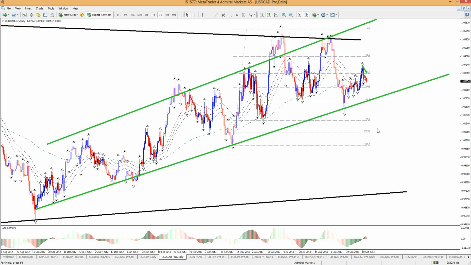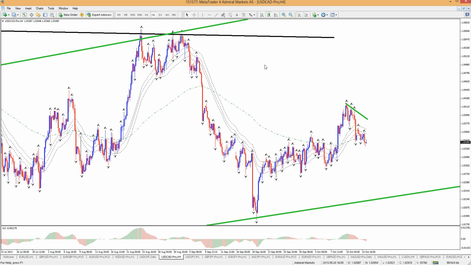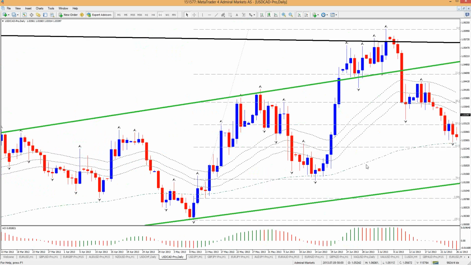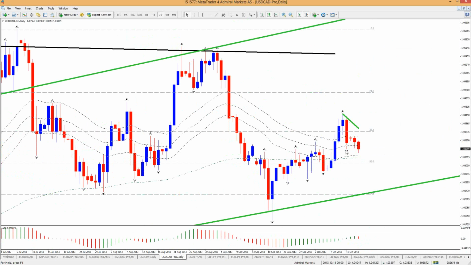Something like that. Where's the daily support in here? Where we broke this daily support, we still have one down around 102.88.